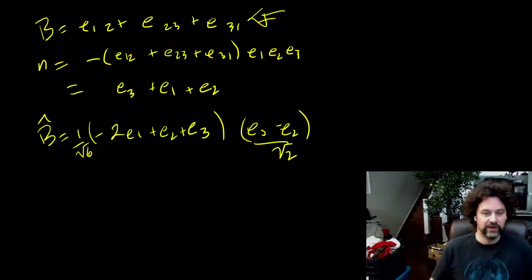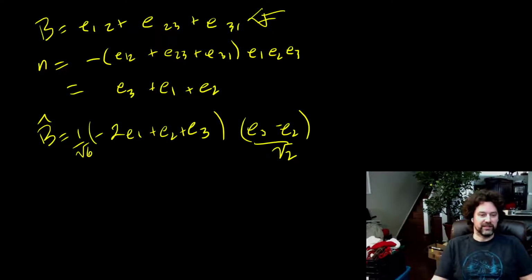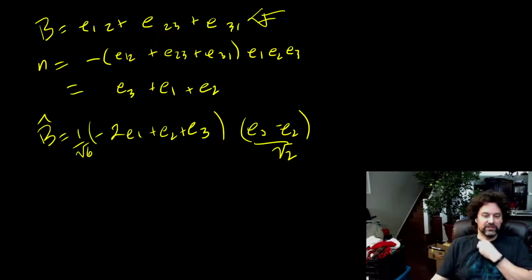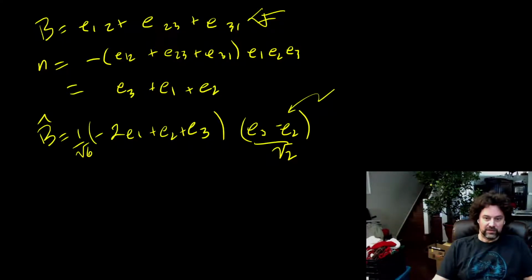So that's one way of factoring our bivector into two different components, each mutually perpendicular, and in this case, mutually orthogonal. All we have to do is, so this one was b hat dot e1, and this one is b hat dot e1.